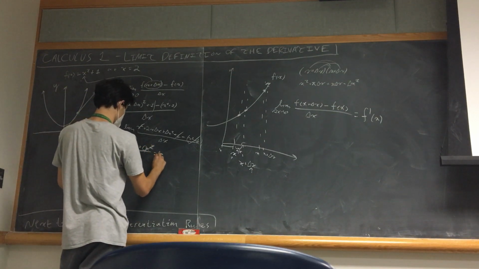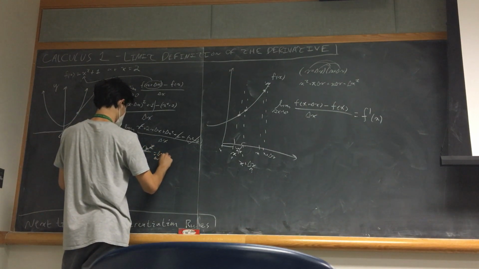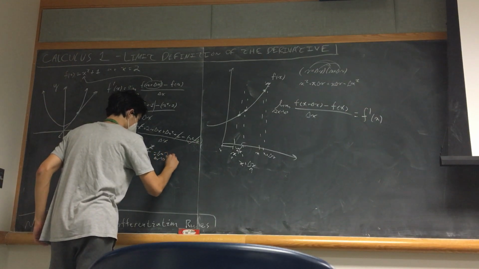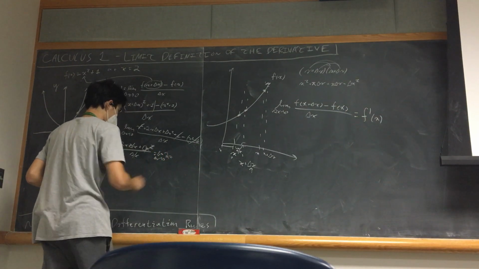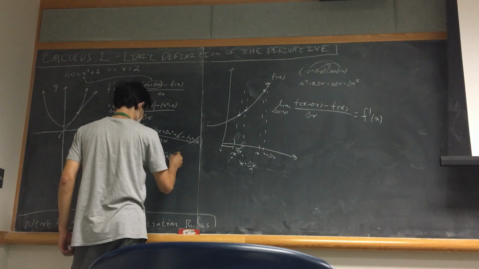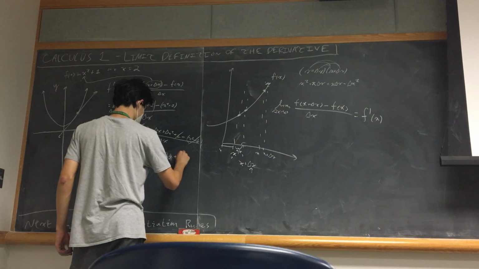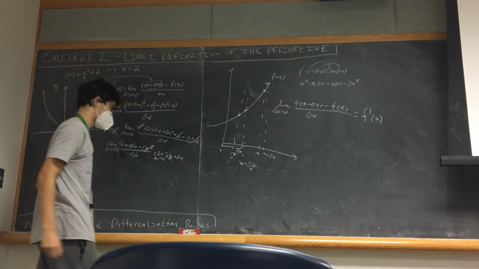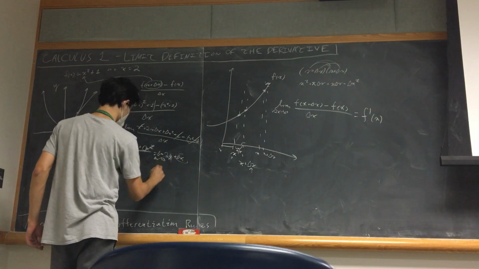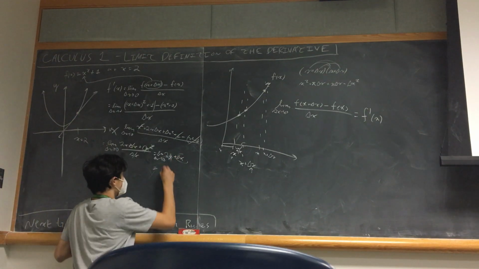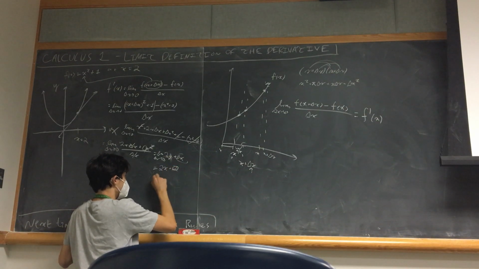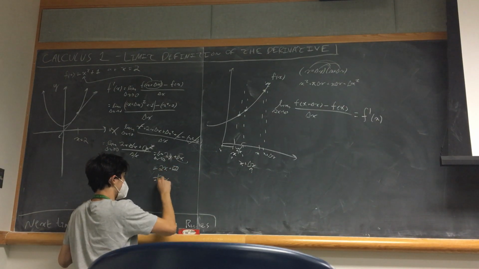So this is the limit as delta x approaches 0 of 2x plus delta x. And we can directly substitute the 0 in for delta x. And that gives us 2x plus 0, which is equal to 2x.